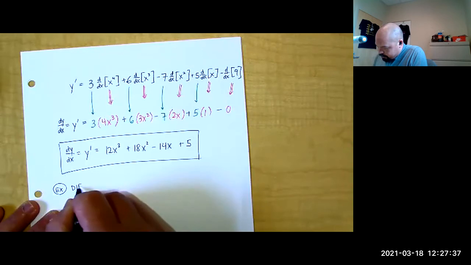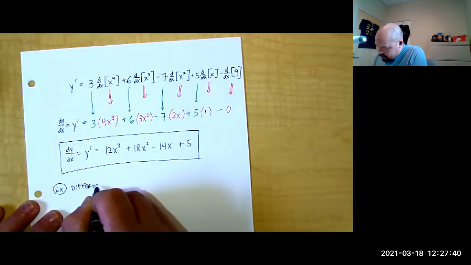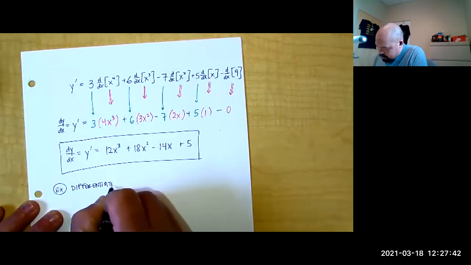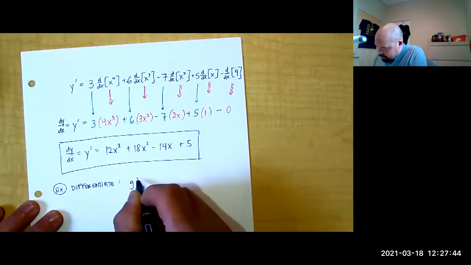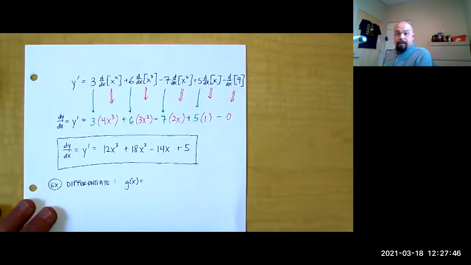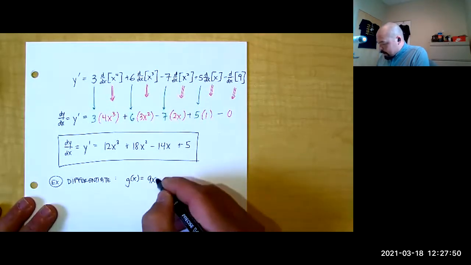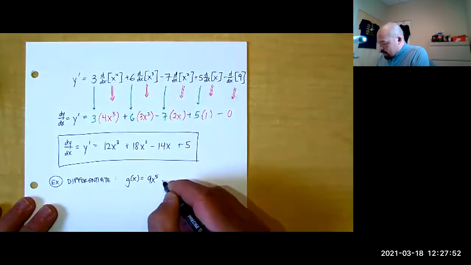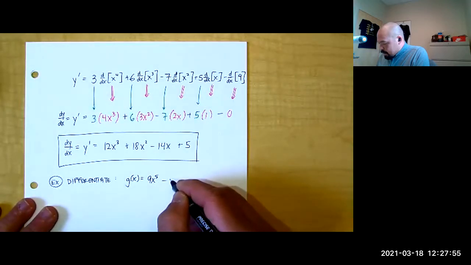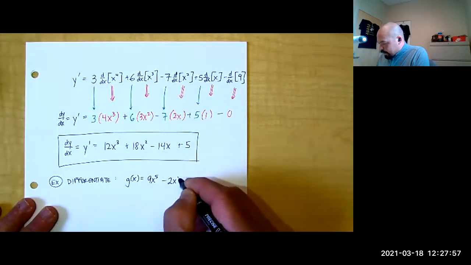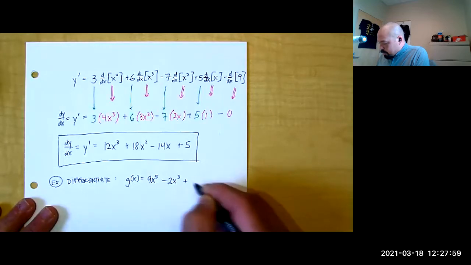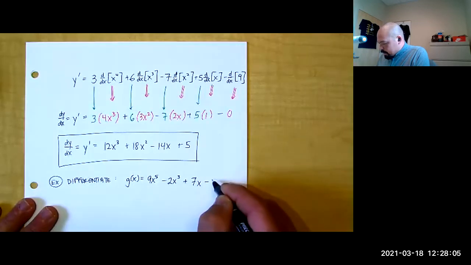Let's differentiate g of x is equal to 9x to the fifth power minus 2x cubed plus 7x minus 3.